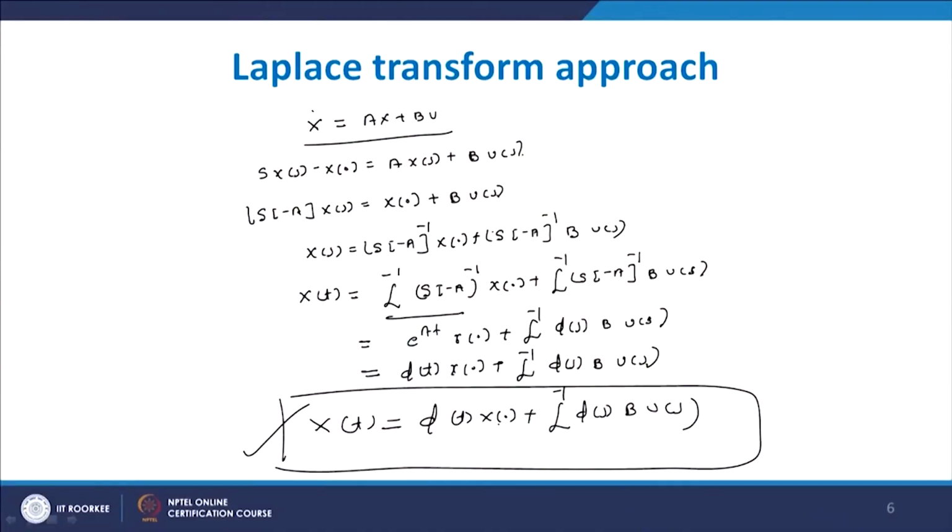So, you can use any of the methods, but as the order increases, it is better to go for the Leverrier algorithm to get the (sI minus A) inverse. But if the order is small, say second, third order, you can use the classical approach to get the (sI minus A) inverse. That means, finally, this x of t depends upon this phi of t into x0, and this Laplace inverse of phi of s b into u of s, this portion consists of the forced part, and that is the unforced part.